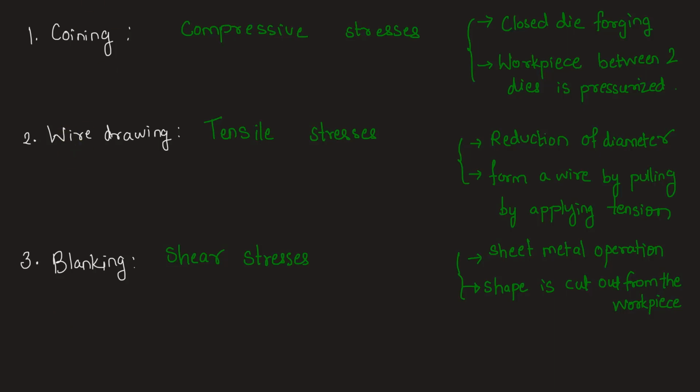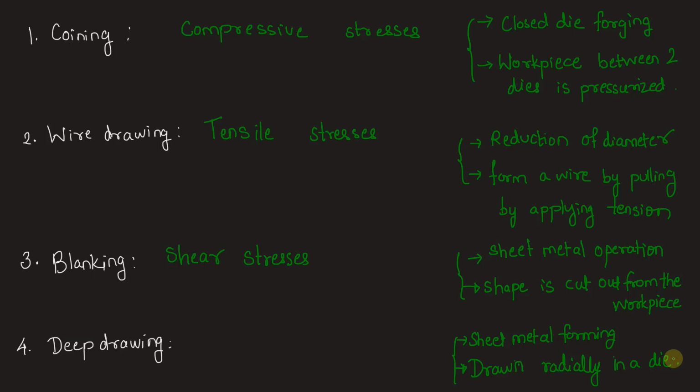Last one is deep drawing. Deep drawing is a sheet metal forming process. So the sheet metal workpiece here, or the sheet metal blank, is drawn radially into a forming die. And this drawing in the radial direction is a result of a punch.